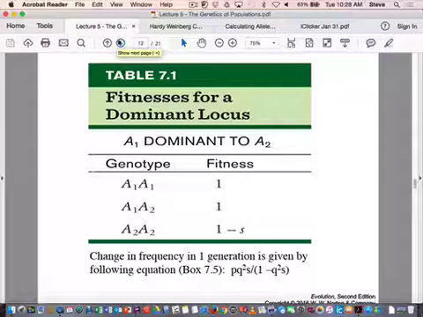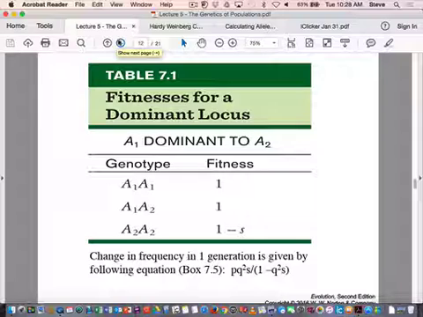What if that S were 0.01? Then the fitness would be 0.99, and not a big difference. So that S value basically tells you how strong selection is acting against genotypes. And again, the change in gene frequency in one generation is given by the following equation, and it's derived.